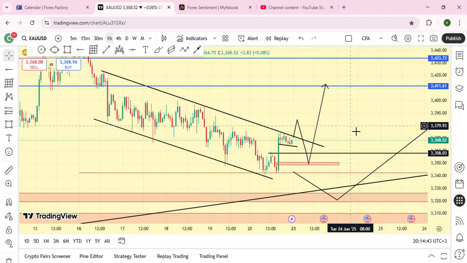So you also need to monitor what is happening, but don't be a chart zombie. A chart zombie is whereby you have placed a trade, and each and every second you are just there looking at the charts, looking at your trade, what is happening. No, execute a trade, have your stop loss set, have your take profit set, and give the market time to play.